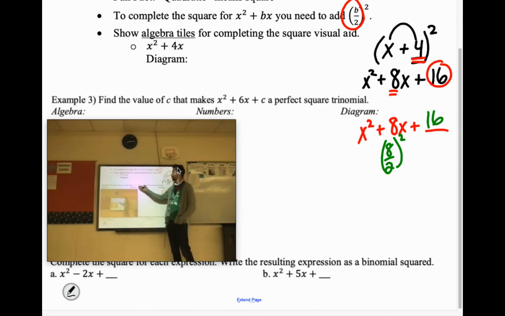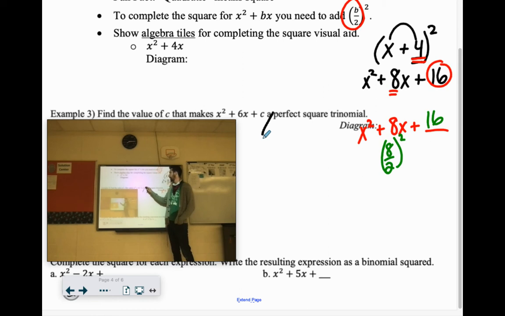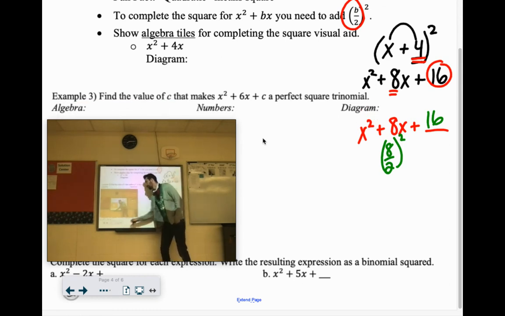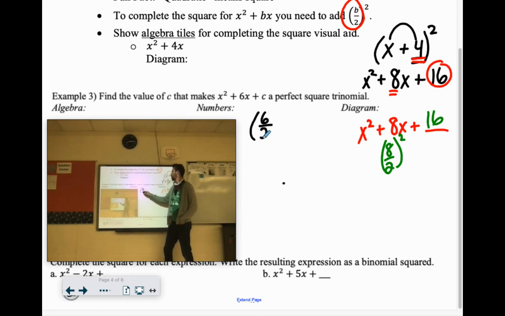You look at b, b is 6, so we take our b, we divide it by 2, and then we will square it. So 6 divided by 2 is 3, and 3 squared would be 9. So c would have to be 9.